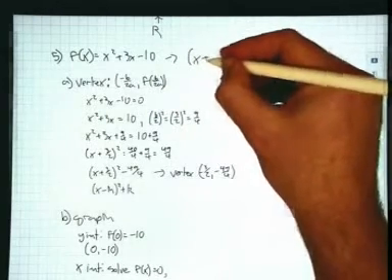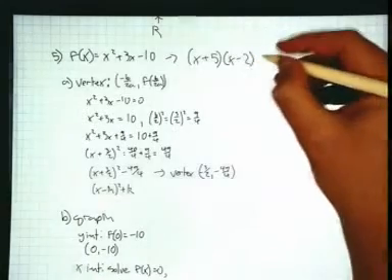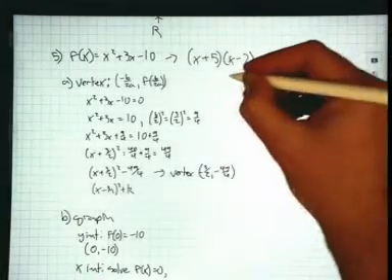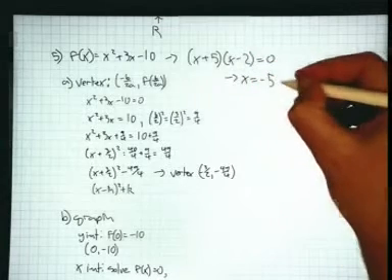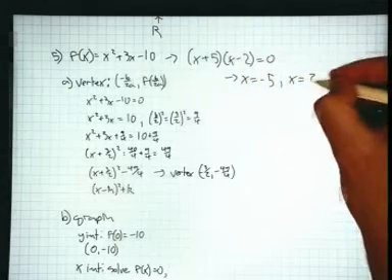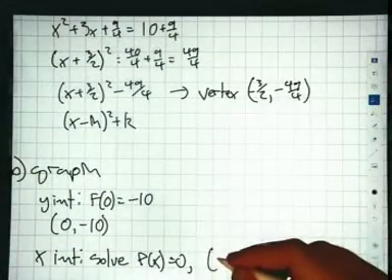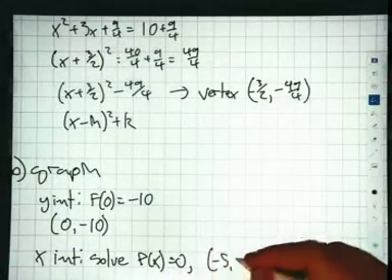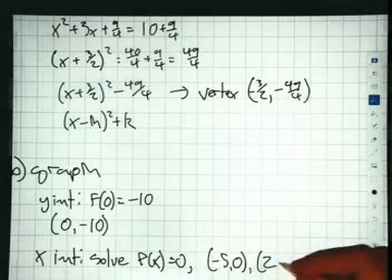How about an x plus 5 times an x minus 2? If that's set equal to 0, then by using our zero product principle, we get x is equal to negative 5 and x is equal to positive 2. So we have x-intercepts at negative 5, 0, and then 2, 0.